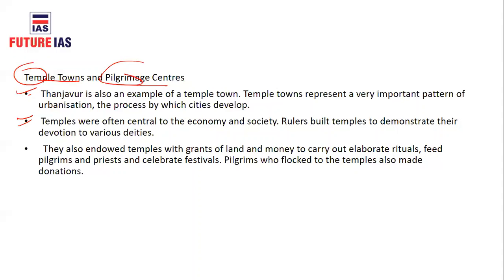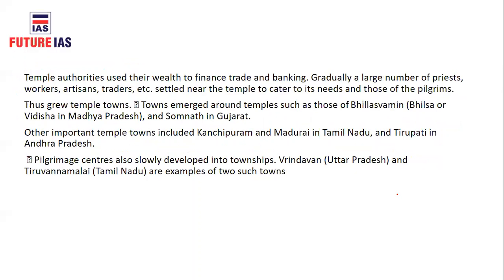The pilgrims used to come to that place and give a lot of donations, isn't it? Such towns grew in size because of the larger number of pilgrims coming to the temple town. Now these temple towns, or the authorities which ruled the temple, used this wealth collected out of endowments or donations to finance trade and banking in the town.